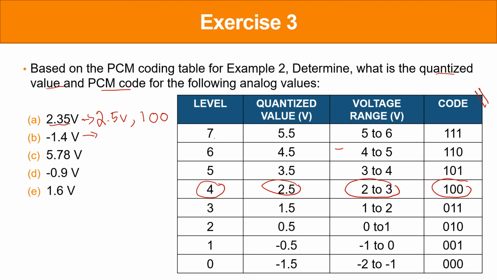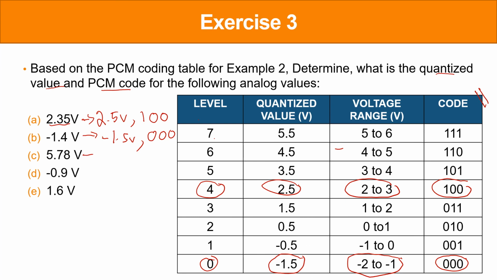For negative 1.4 volt, it belongs to negative 2 to negative 1. So here is the level, the quantized value, and the binary code. The quantized value is negative 1.5 volt, and the code is 000.